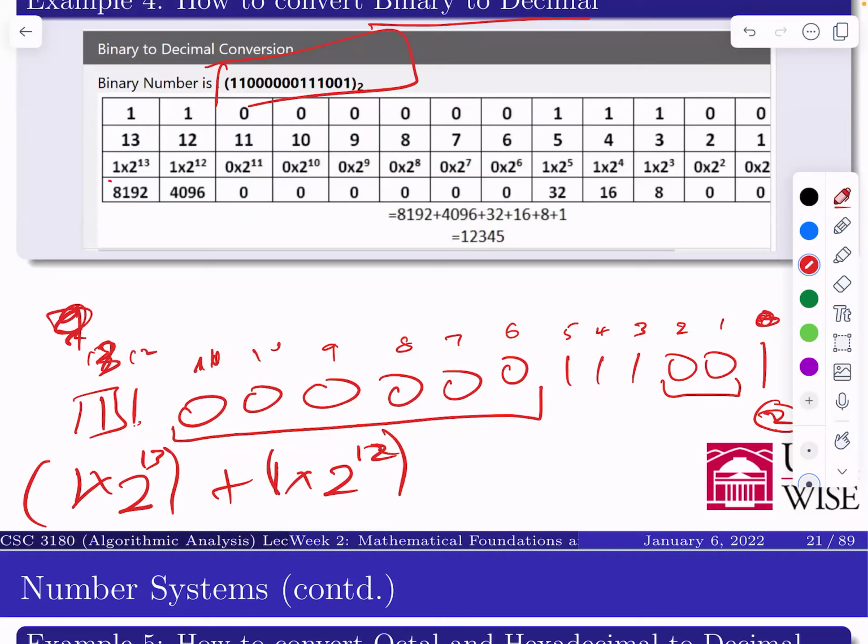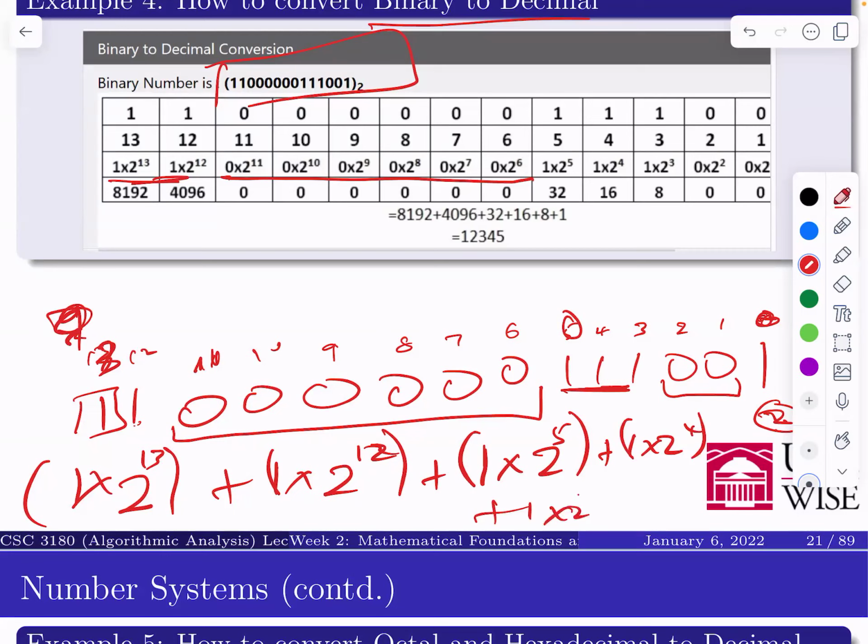So all these ones will be 0. Again, you have 1 here. See the way I'm picking it? So plus 1 times 2 raised to power 5, plus 1 times 2 raised to power 4, plus 1 times 2 raised to power 2. I will neglect this. Then the last one is 1 times 2 raised to power 0. And that will give you back your number.